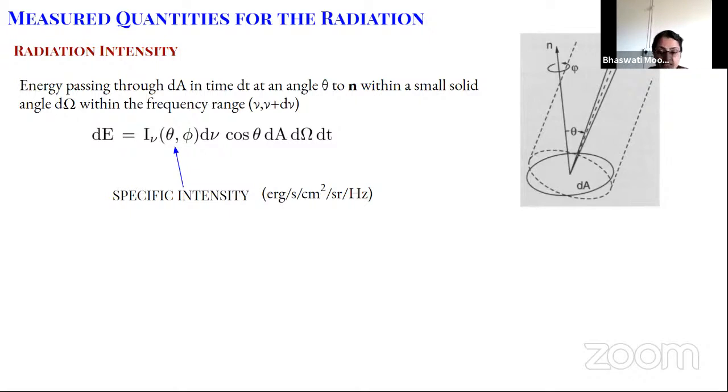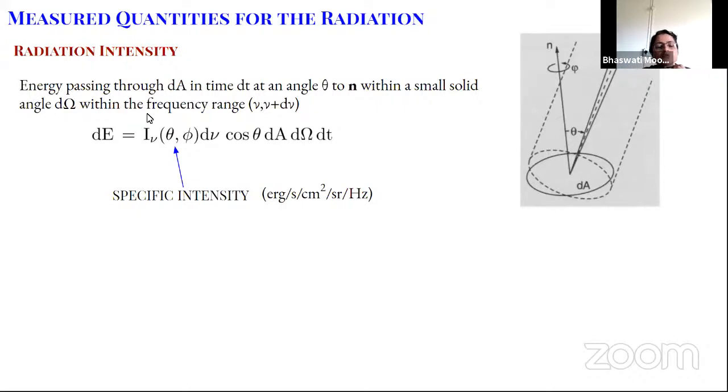The intensity of the radiation is the energy which passes through a small element dA during the time dt, such that the normal to that area is inclined at an angle theta towards the source, and at that angle theta, whatever radiation is coming within a small solid angle. Solid angle means the angle that is subtended by the source on the sky, and within the frequency range.